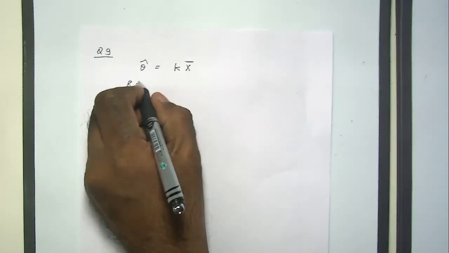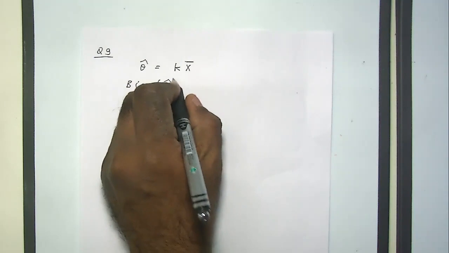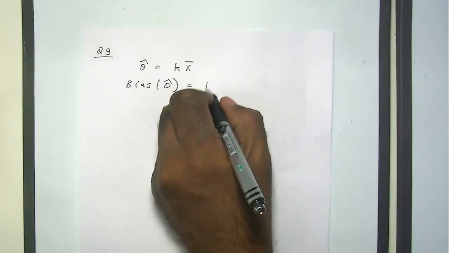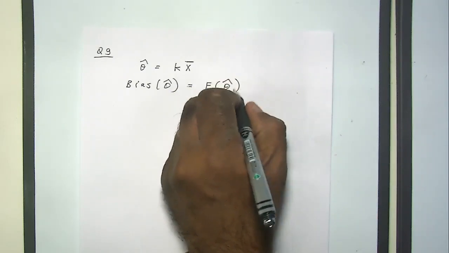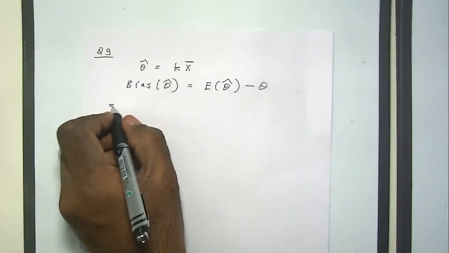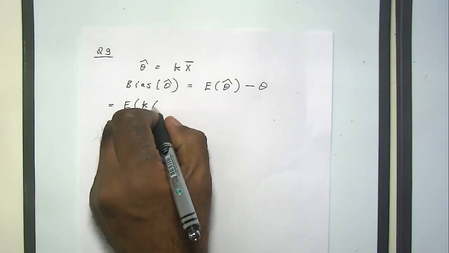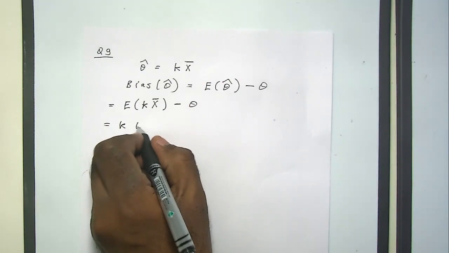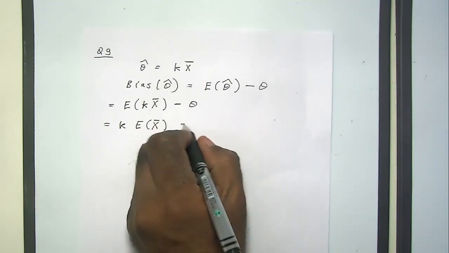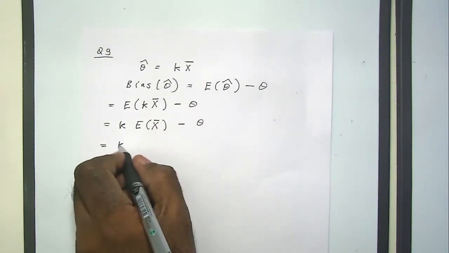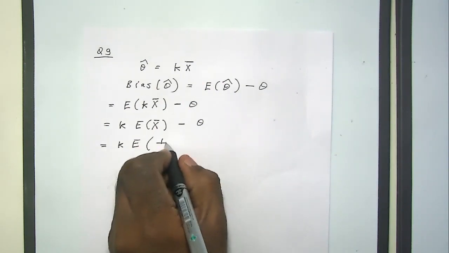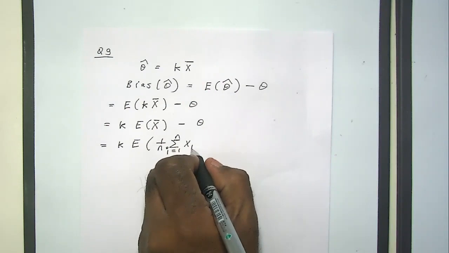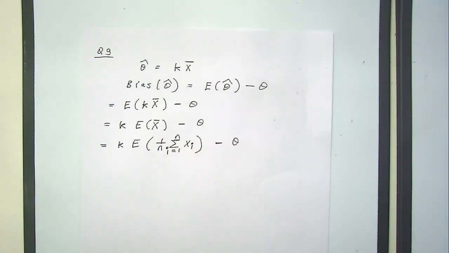So what you need to do is to find the bias of theta hat and see when that can be 0, right?